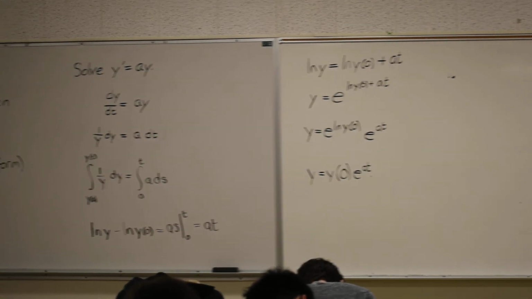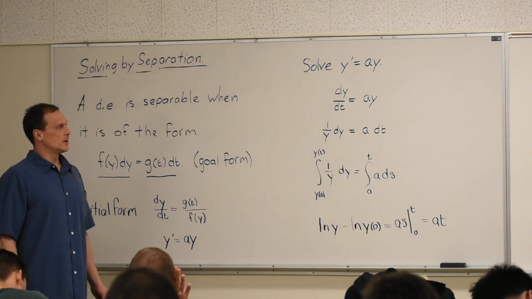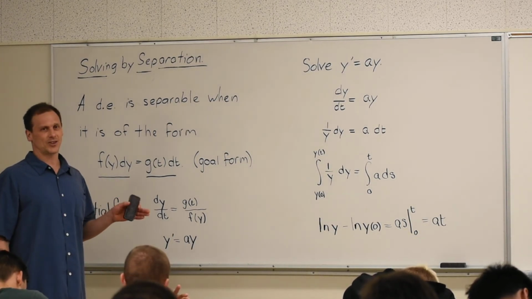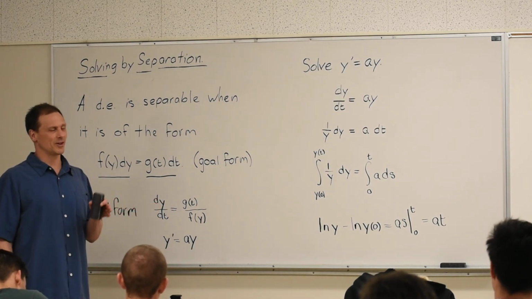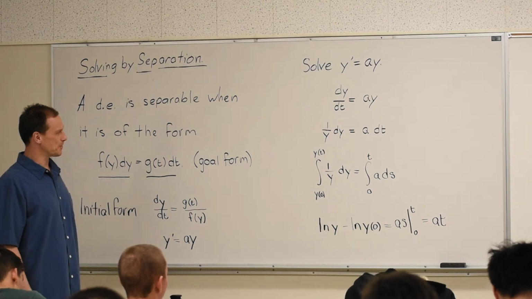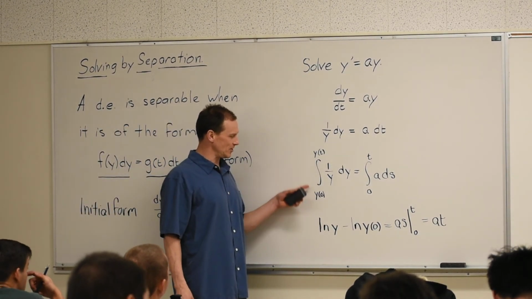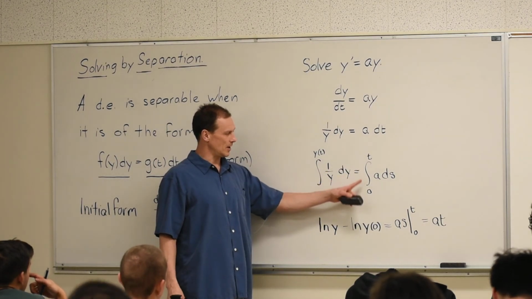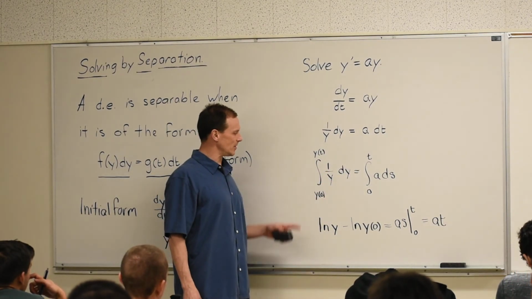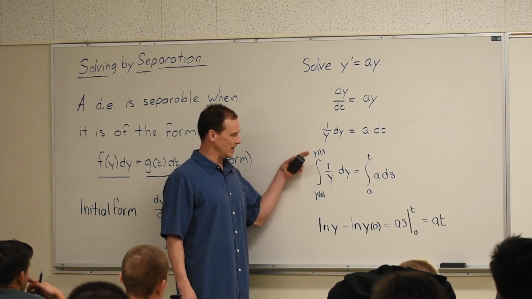Now we're going to do it one more time, and then we'll try some more interesting ones. And I'm going to try to answer a question that keeps coming up in our study sessions, and maybe make this a little bit more clear. So notice here, we were using our strict applications of calculus, and we had limits of integration based on where our starting values were and our ending values.